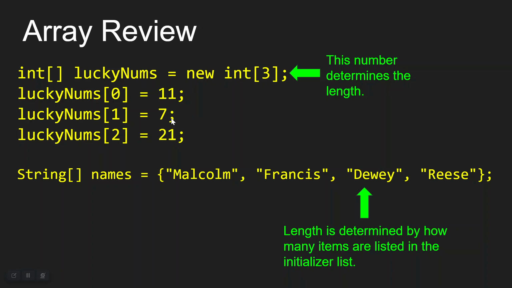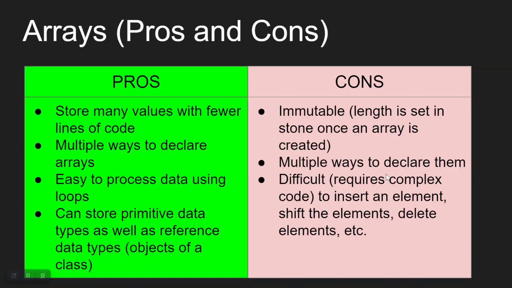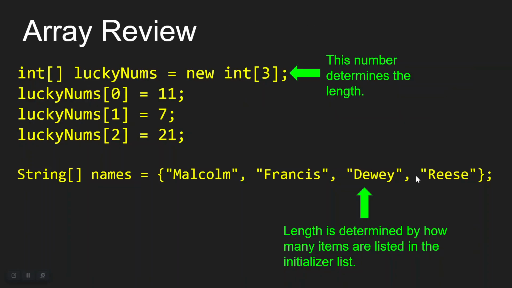So here's how you would put actual values in this array, lucky nums. We can also do it this way. We can create an array of strings, call it names, and set it equal to these 4 names. The length is determined by how many items are listed in the initializer list.